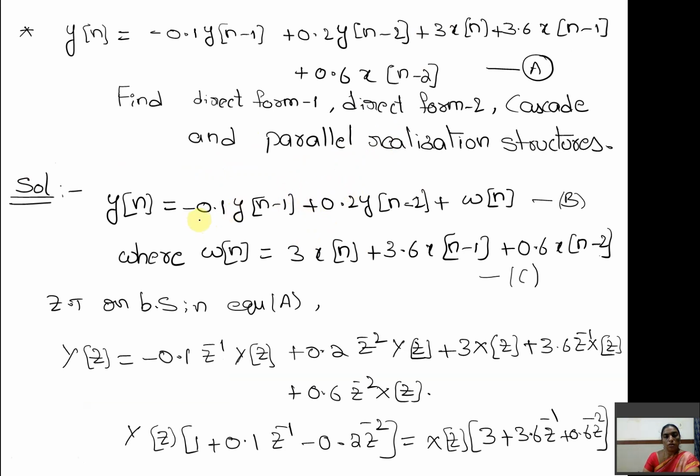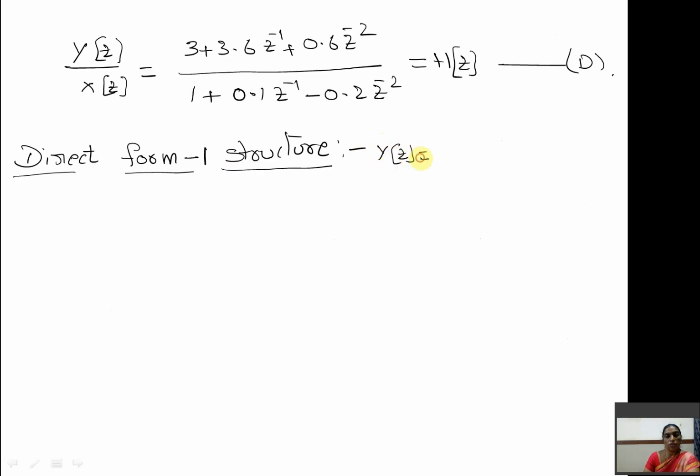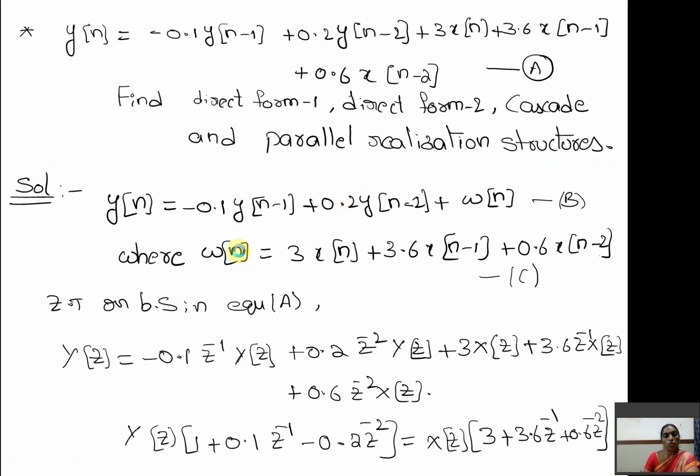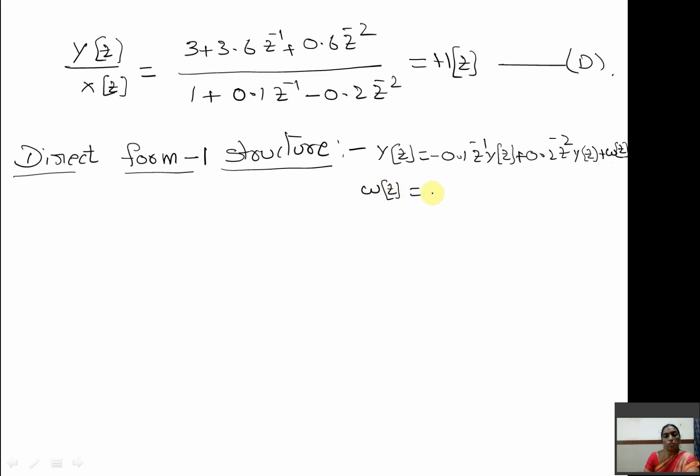From B, applying the Z transform here also, y of z is equal to minus 0.1 z inverse y of z plus 0.2 z power minus 2 y of z plus w of z. And w of z is nothing but 3 into x of z plus 3.6 z power minus 1 x of z plus 0.6 z power minus 2 x of z. Now based on these two equations we realize direct form 1.